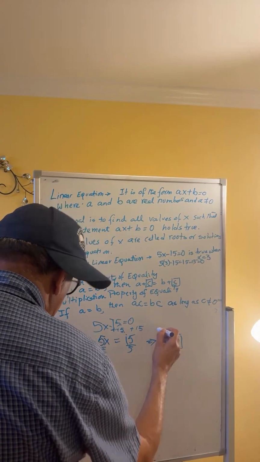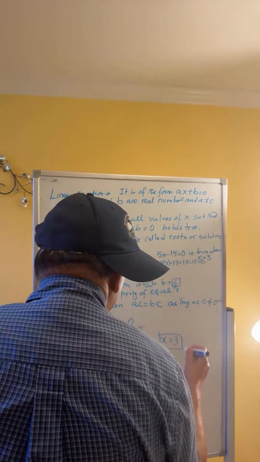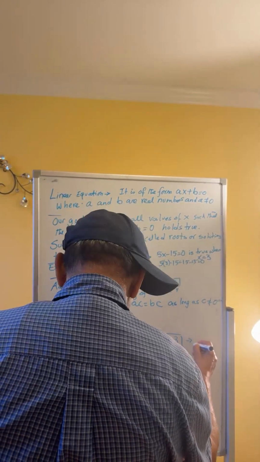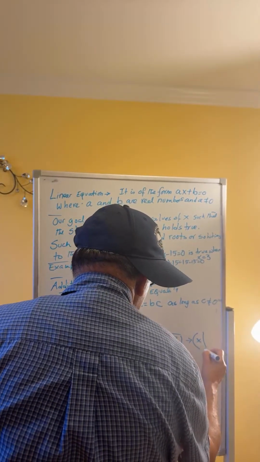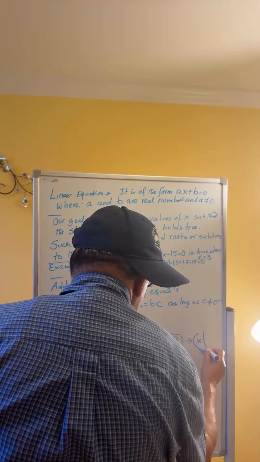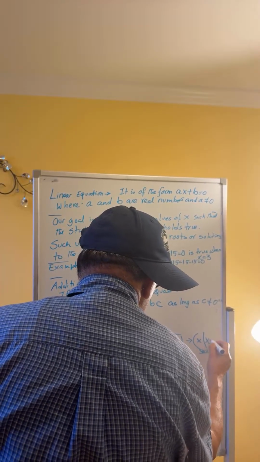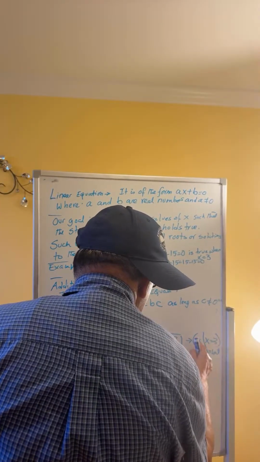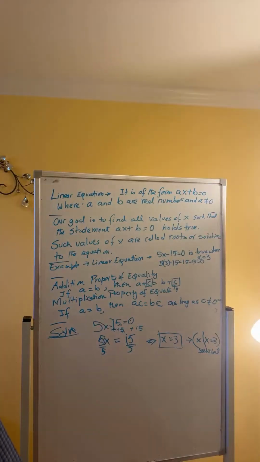That's your solution, x is equal to 3. This is also written as: the solution is x such that, where the vertical line means such that, x is equal to 3.